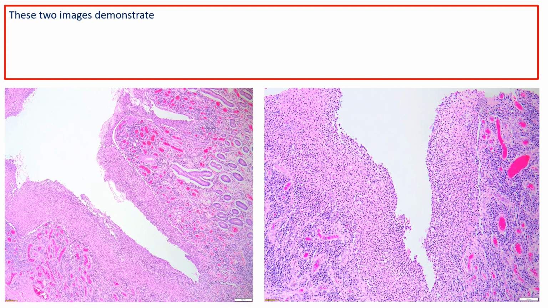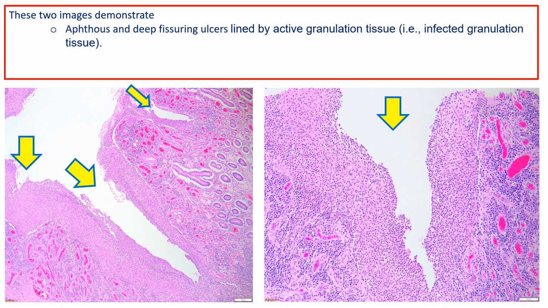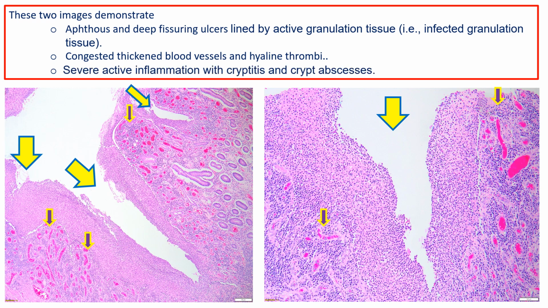These two images demonstrate aphthous and deep fissuring ulcers lined by active granulation tissue that is infected granulation tissue, congested thickened blood vessels and hyaline thrombi, and severe active inflammation with cryptitis and crypt abscesses.